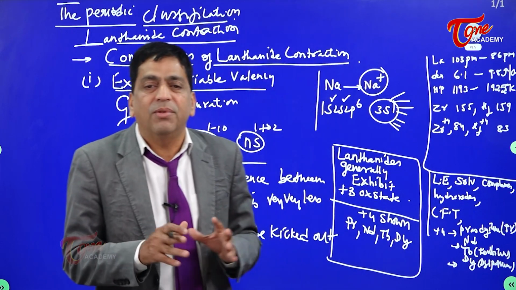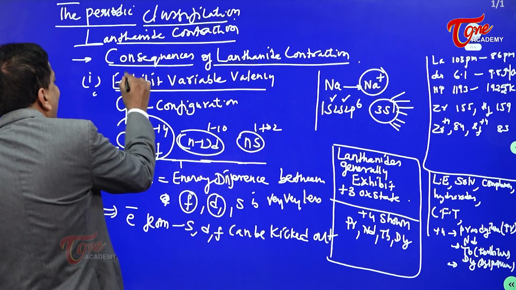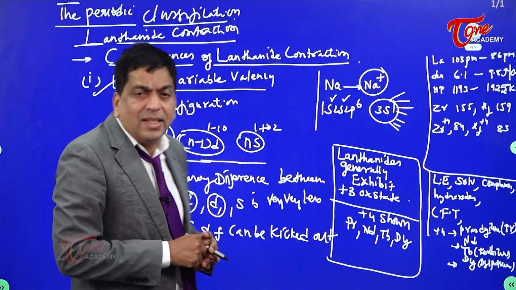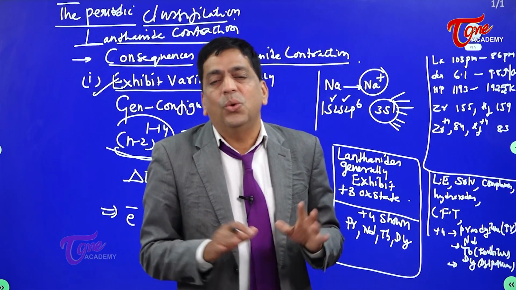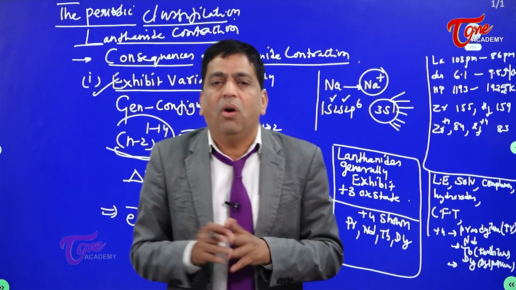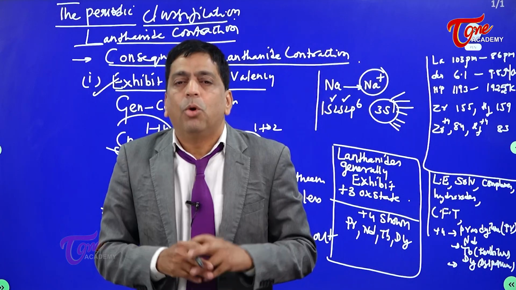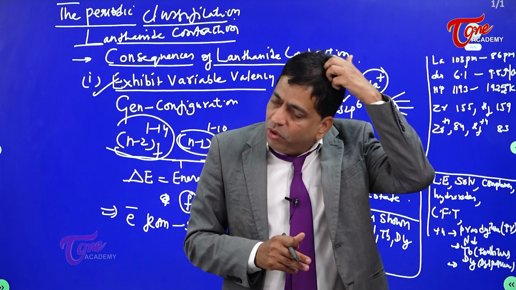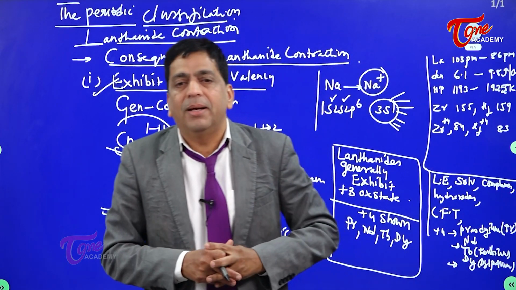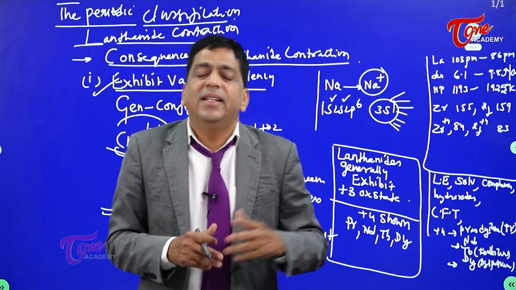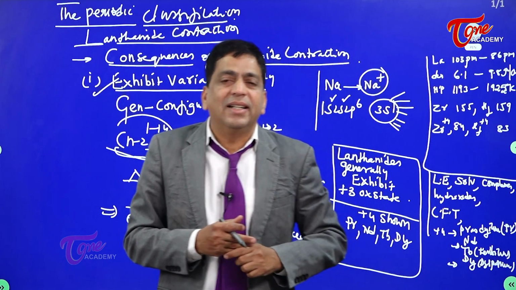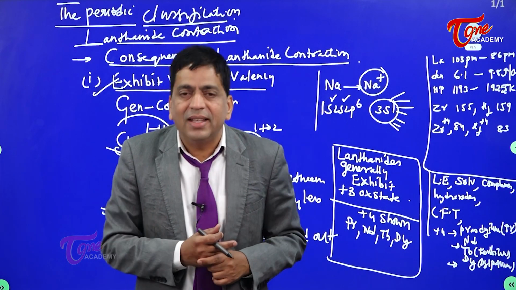You must understand why this discussion is cropping up. First of all, understand a few things. We are discussing about what? Variable valency. Variable valency is only exhibited by D block and F block. It's not exhibited by S block and P block, you must understand. Mostly exhibited by what? D block and F block elements, because D block starts from the 4th period and the F block will be starting in the 6th period.